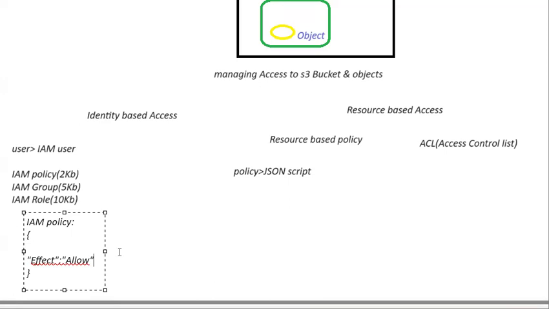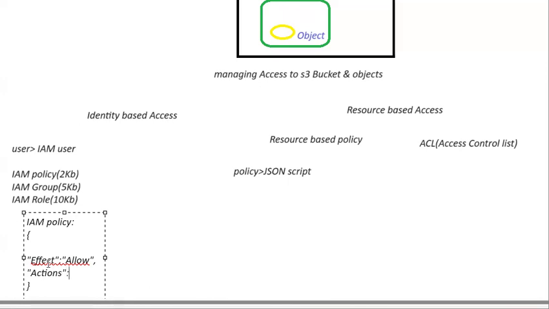Then after this, we also have the resource. Effect I have provided, and we have actions. So what are the actions that I want to allow? That also I need to provide.